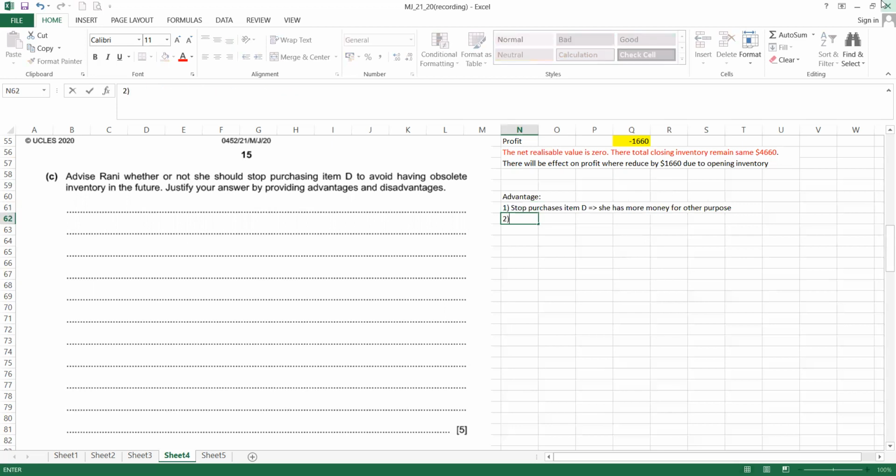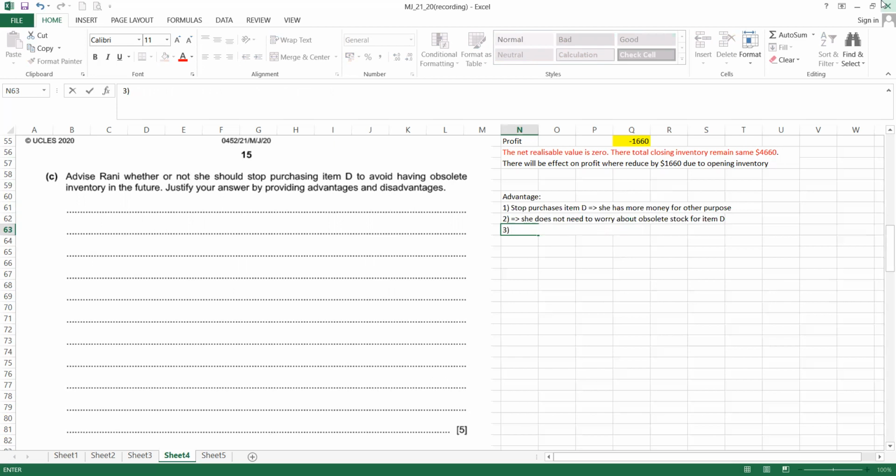And also, if she stops buying item D, she does not need to worry about obsolete stock for item D. Other than that, it will be good for her business because customers may have more choices. Sorry, this one is less choices. It's not the advantage, this is actually a disadvantage already.